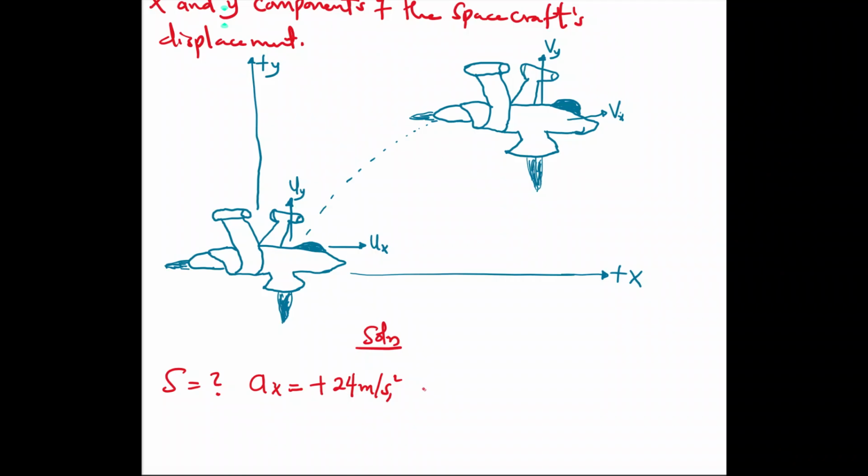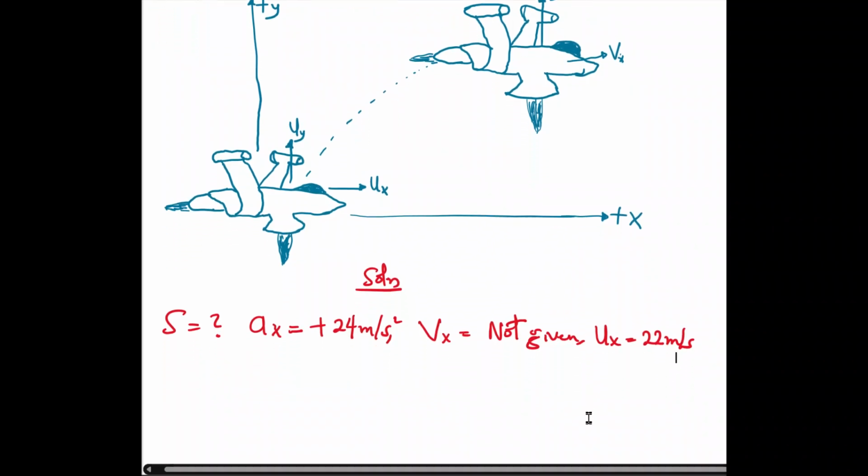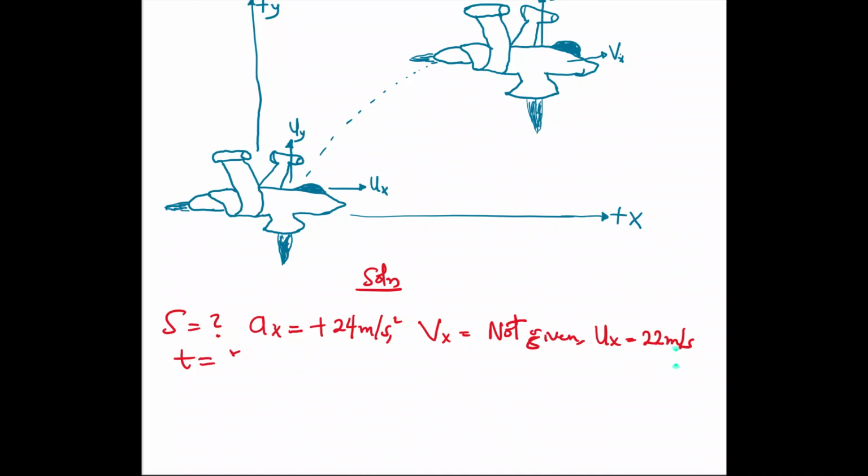The final velocity for the x component is not given, and the initial velocity for the x component is 22 meters per second. Also, the time given is 7 seconds. So we have ax, ux, and time, and we have to find displacement.